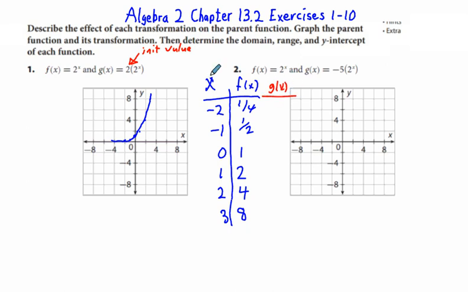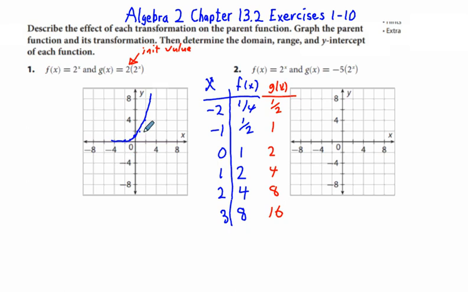Basically, we're taking all these values for f of x and multiplying them by 2. So for g of x, we have 1/4 times 2, which is 1/2. 1/2 times 2 is 1. 1 times 2 is 2. 2 times 2 is 4. 4 times 2 is 8. 8 times 2 is 16.